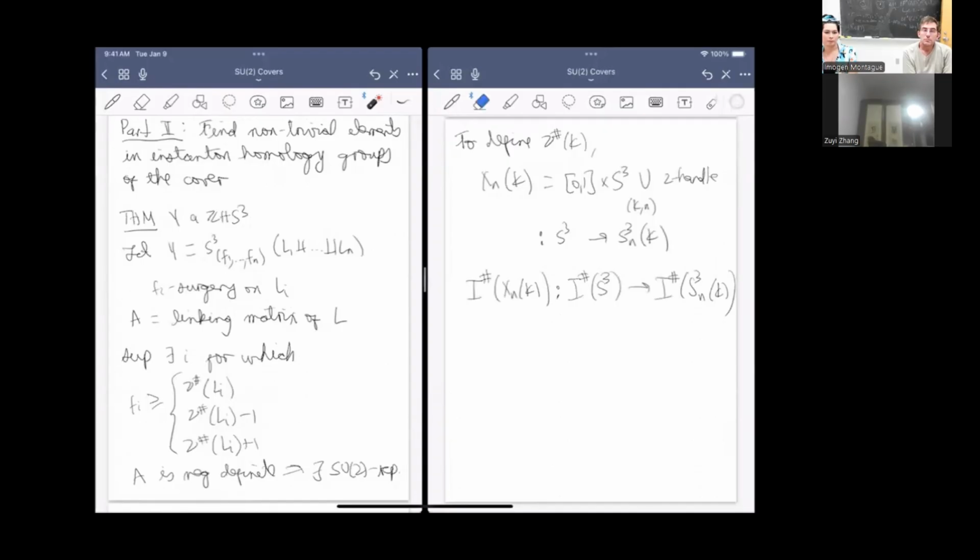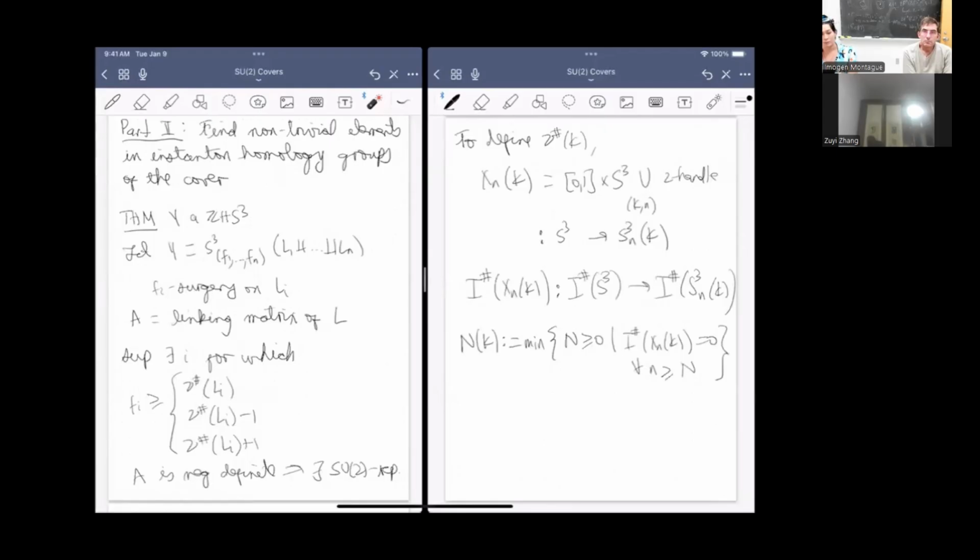And then I'm going to define this number for my knot K. I'm going to say, take the minimum over all of the natural numbers n such that this map, the n trace map, is 0 for every n that is bigger than or equal to this n.